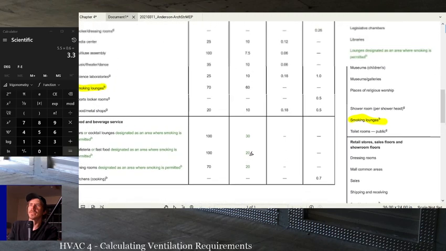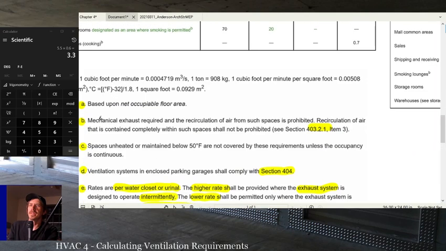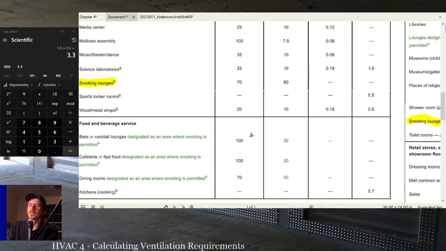Smoking lounge is 70, 60; smoking lounge is 70, 60. Footnote B: mechanical exhaust is required and recirculation of air from such spaces is prohibited. But anyway, we see smoking lounges are 70 people per 1,000 square feet, 60 CFM per person, no CFM for the area, and for exhaust, it doesn't give us a number.